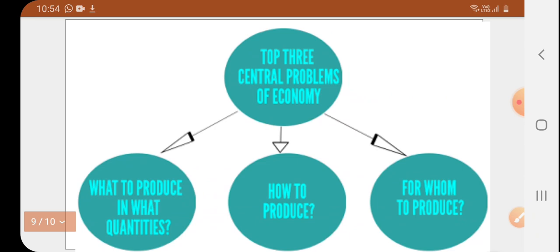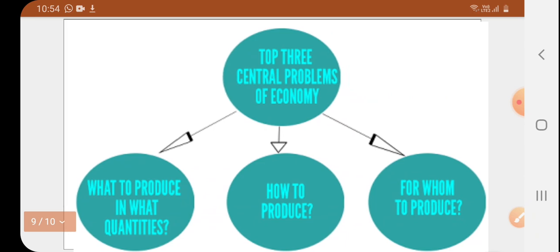Now let's see the top 3 central problems of economy. The top 3 central problems of any economy are what to produce, how to produce, and for whom to produce. What to produce: in what quantities, what kind of product or equipment is to be produced.